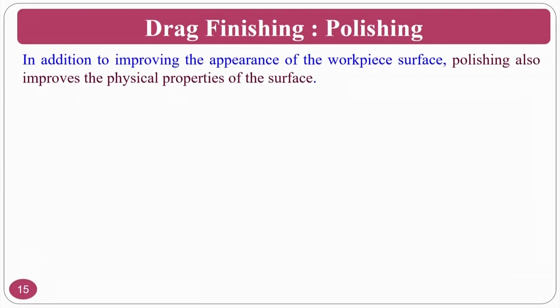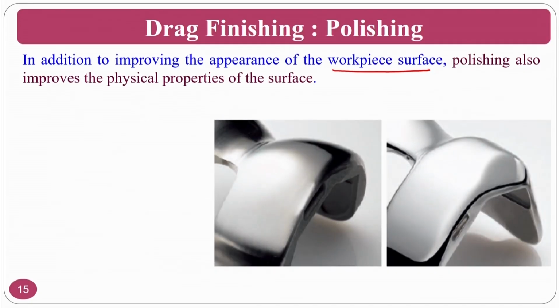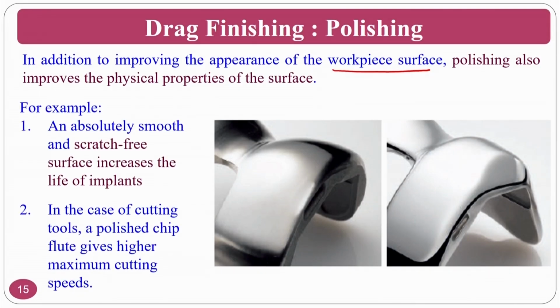Again, the drag finishing process also can be used for polishing applications. In addition to improving the appearance of the workpiece surface, polishing also improves the physical properties of the surface. That means that it will improve the aesthetic appeal, at the same time it will reduce the surface peaks. Okay. So, for example, absolutely smooth scratch free surfaces can improve the implant life. This is figure 1 again.